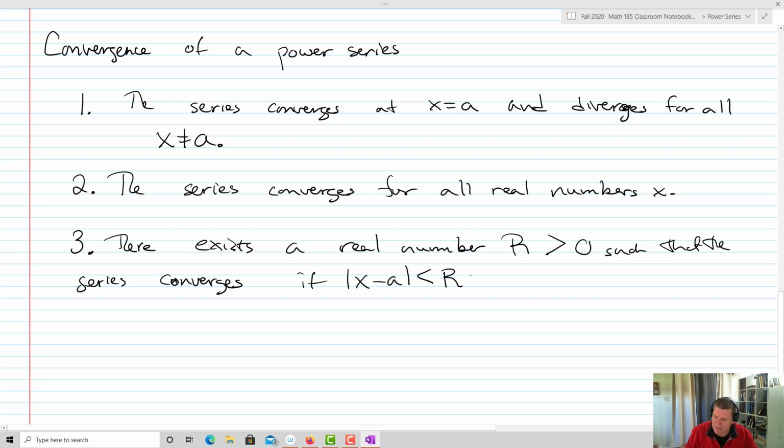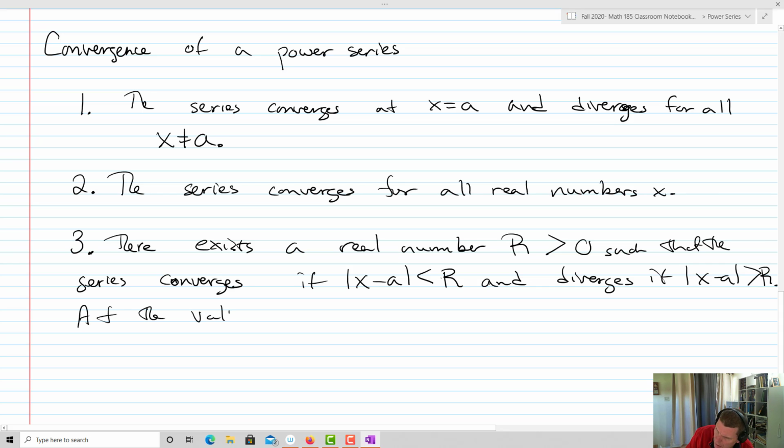All right, so the distance between x and a is r, okay, and it diverges if the absolute value of x minus a is greater than r. At the values where the absolute value of x minus a is equal to r, the series may converge or diverge.